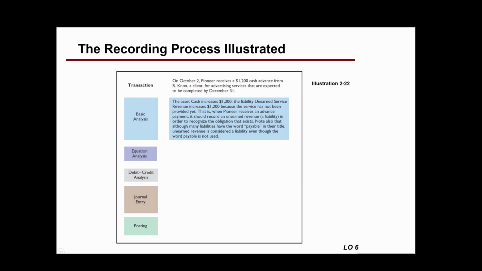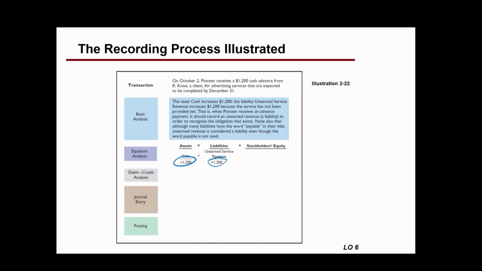Cash has increased. The company received cash, $1,200. Cash will increase by $1,200, and because they owe this to their client, it will go to unearned service revenue as also an increase of $1,200.